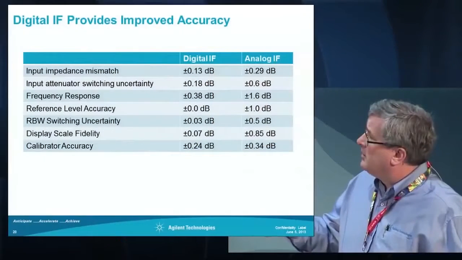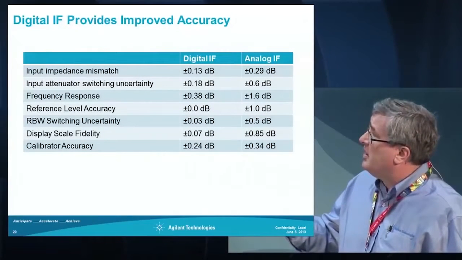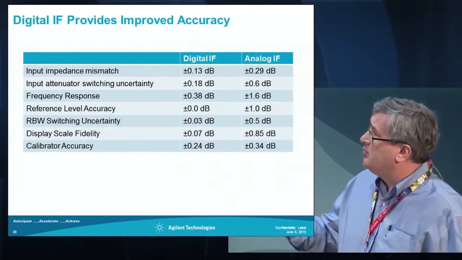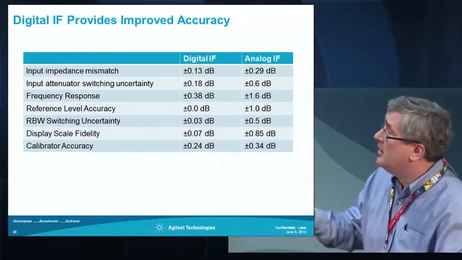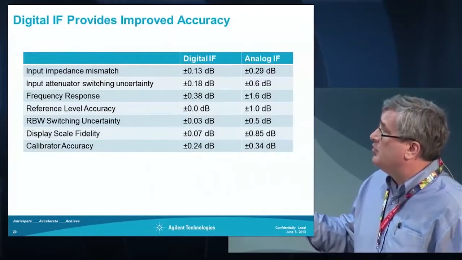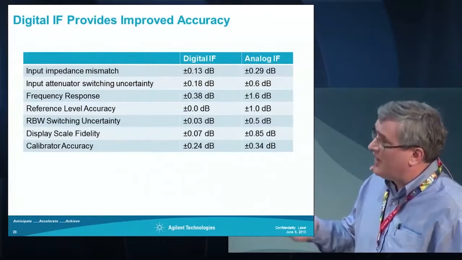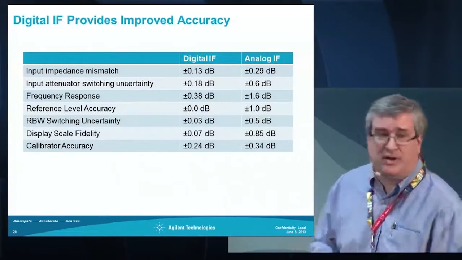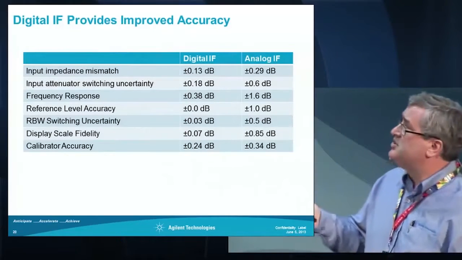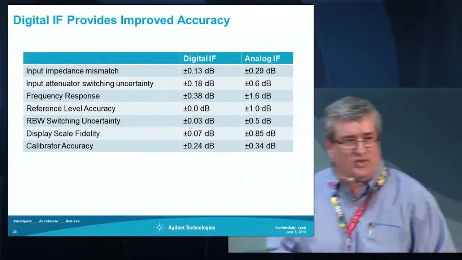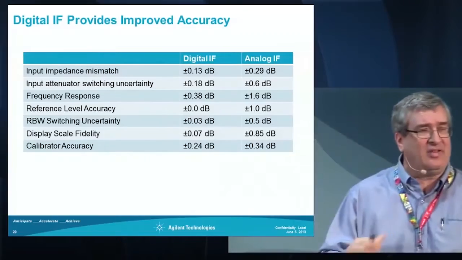So here, for example, resolution bandwidth switching uncertainty of a digital IF of the day had about plus or minus 0.03 dB. This is from the specs guide, while a comparable analog device would have been about 0.5. Display fidelity, 0.007 versus 0.85, and you see they're virtually better in every single one of them, including ones that you could argue have nothing to do with digital IF, but because we reduced the number of paths inside the instrument, they improved.